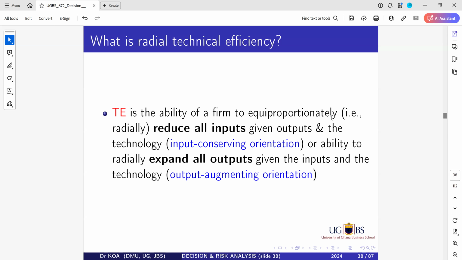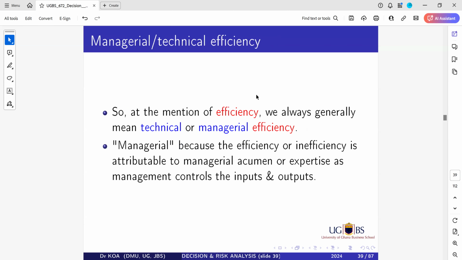Non-radial, it does not maintain the ratio. Radial, you maintain the ratio. Whether the inputs or the outputs are 2, 3, 4, 5, still you maintain the ratio of all of them.